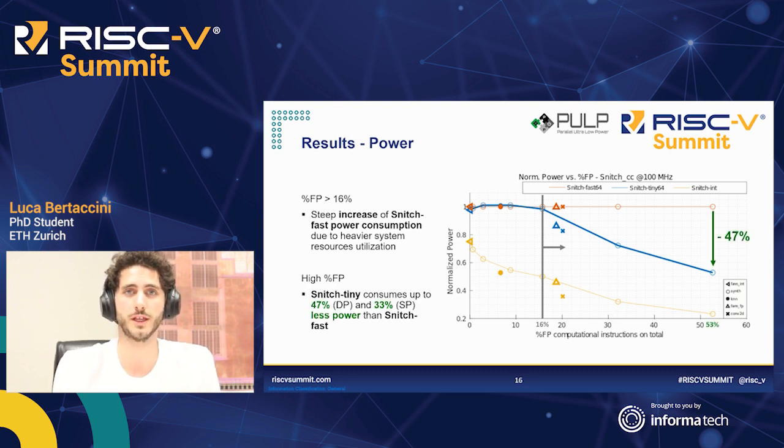When we consider again high floating point workload, so 53% of floating point instructions, we found that Snitch coupled with Tiny FPU is up to 47% and 33% less power consuming than Snitch coupled with a fast FPU, respectively for double and single precision.